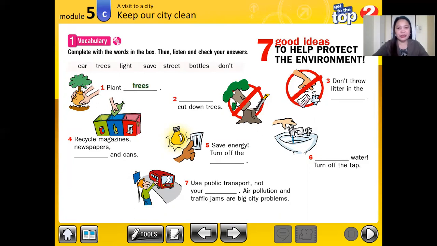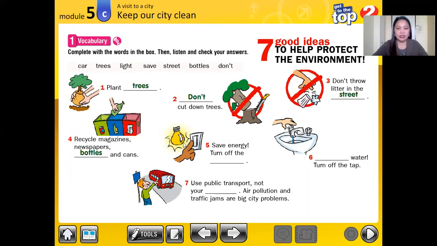Number 2, don't cut down trees. Write a capital letter D because this is the start of our sentence. Number 3, don't throw litter in the street. And number 4, look at the picture. Recycle magazines, newspapers, bottles, and cans.